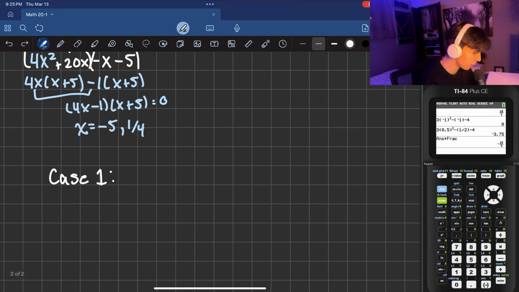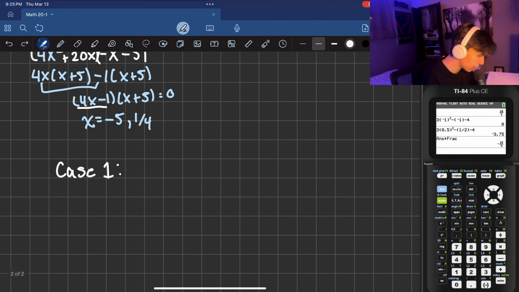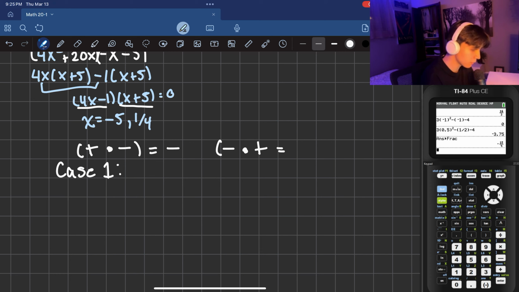So what does it mean to have a negative number? Remember that we have two factors, right? We factor this down into two factors. When you're multiplying two things together, what gives you a negative? So case 1, you can have a positive multiplied by a negative to give us a negative. And you have the other case where you have a negative multiplied by a positive to give you a negative.